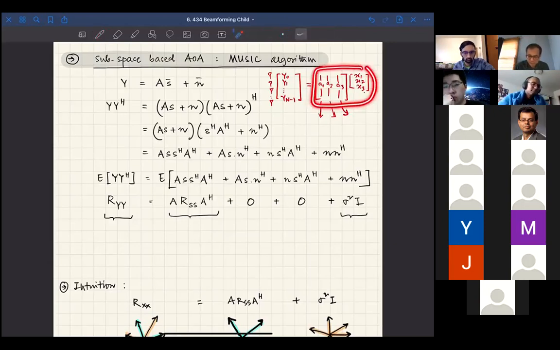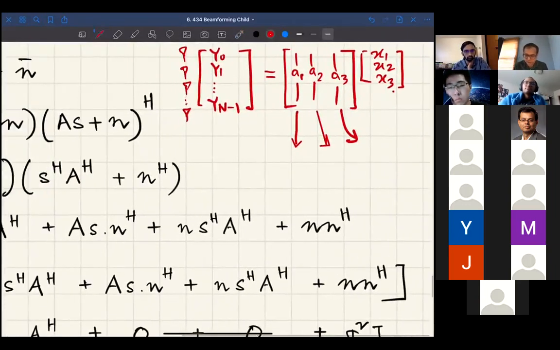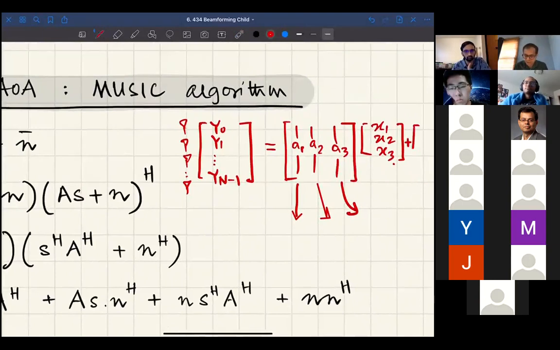This is obviously a vector of the form n cross 1, right? When you multiply these two, I always want you to think of matrix multiplication as x1 times this column plus x2 times this column plus x3 times this column. Plus this whole thing plus the noise sequence n0, n1, up to n minus 1.